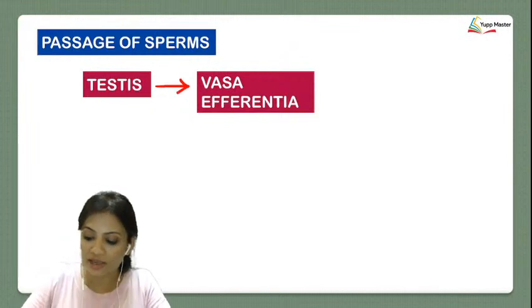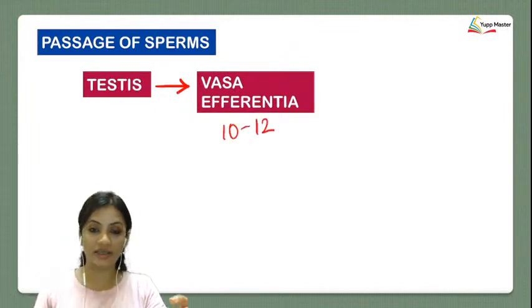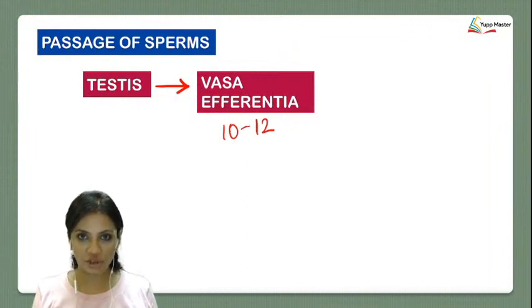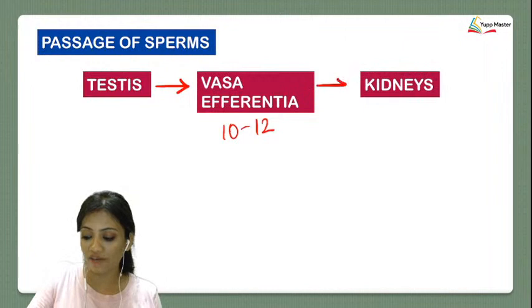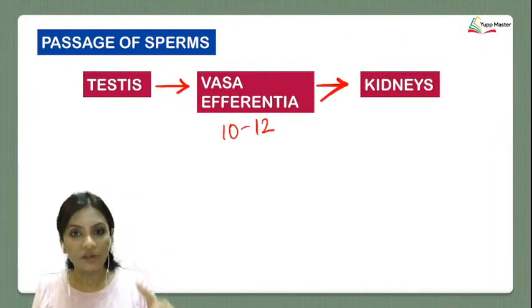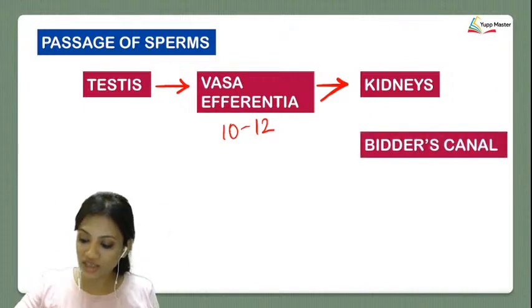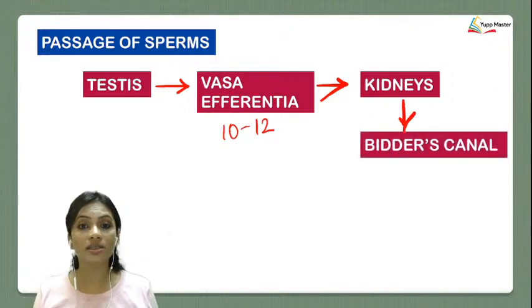How many tubules? There were 10 to 12 vasa efferentia. Then after this, the vasa efferentia are going to enter into the kidneys. Inside the kidneys, the sperms are going to be passing through that canal which is called the Bidder's canal.